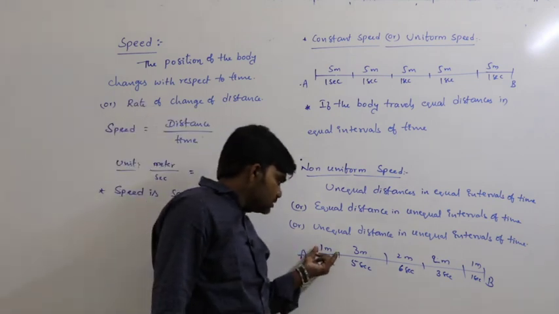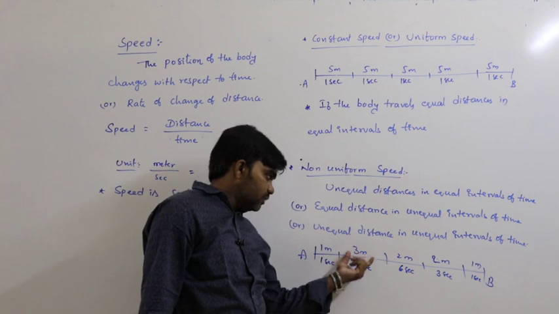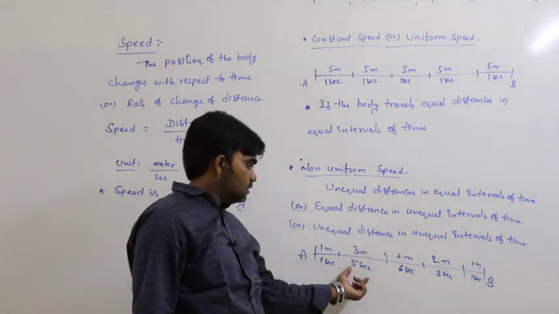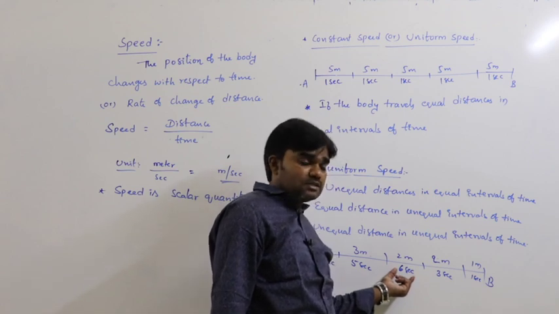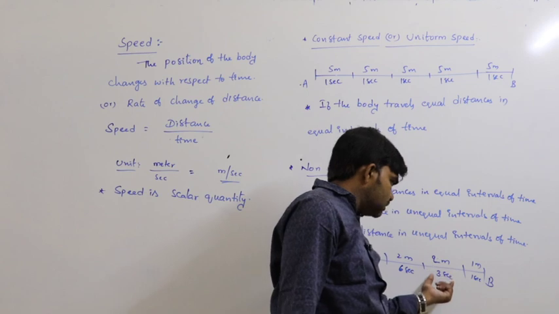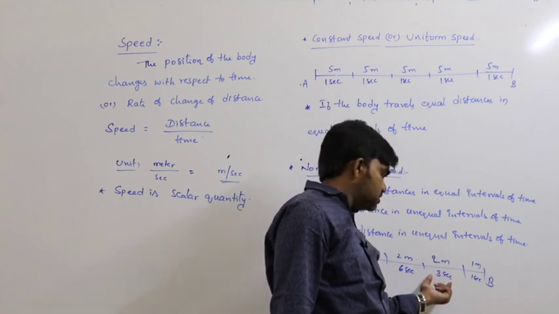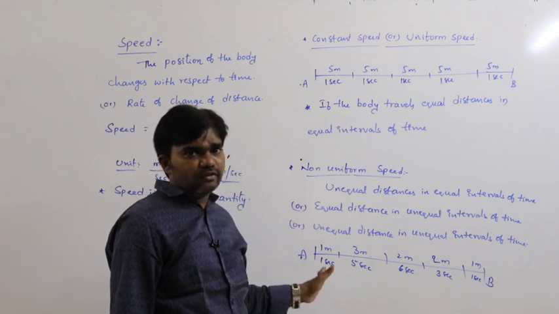So to travel the distance of 1 meter here it takes 1 second. Next to travel the distance of 3 meters it takes 5 seconds. Next to travel the distance of 2 meters it takes 6 seconds. Next to travel the distance of 2 meters it takes 3 seconds, like that. Unequal distances, unequal intervals of time.